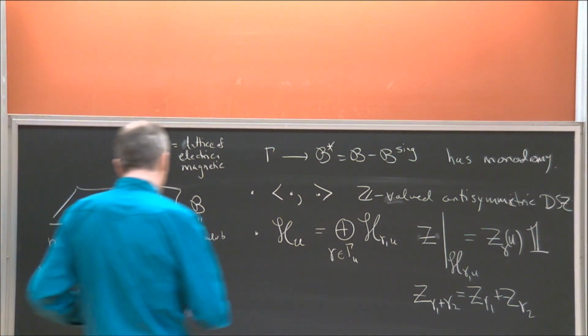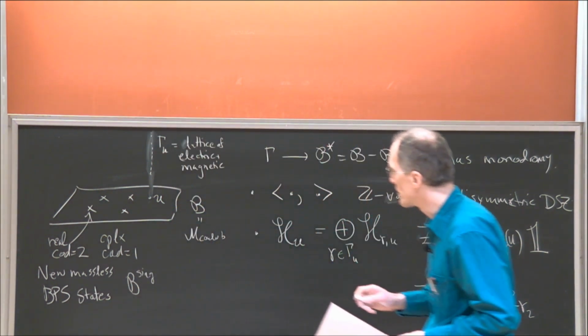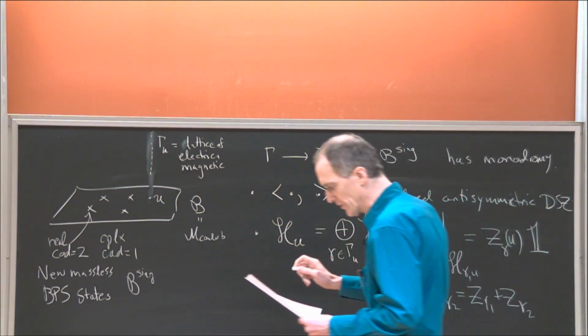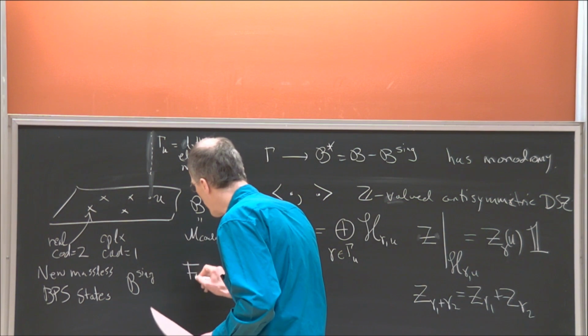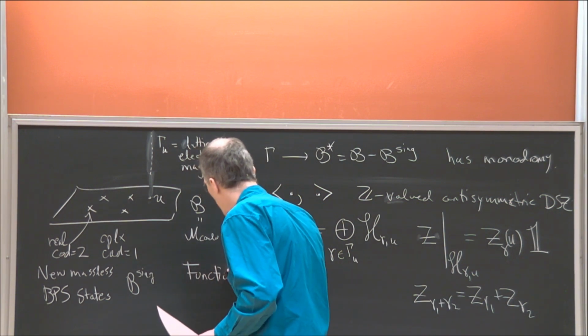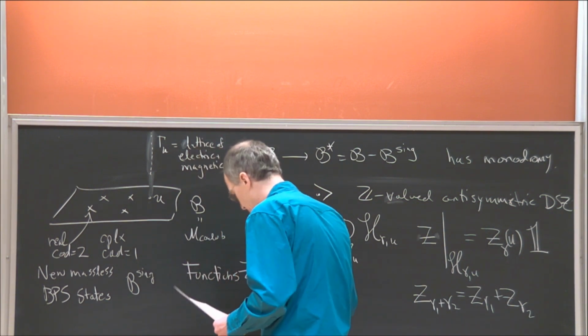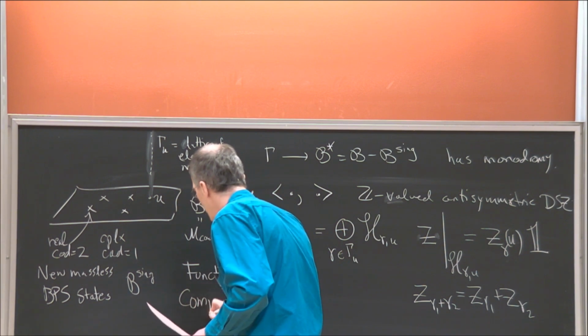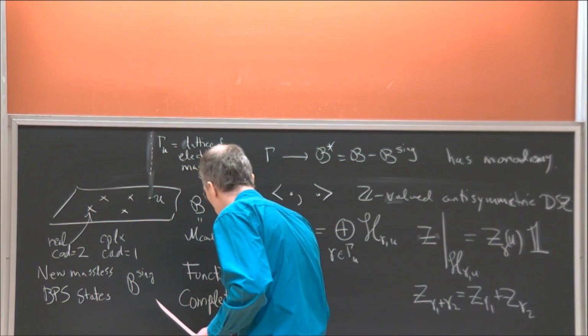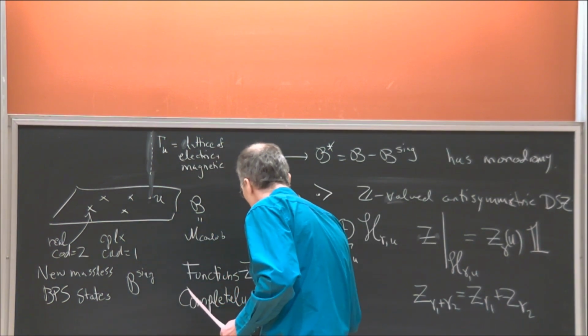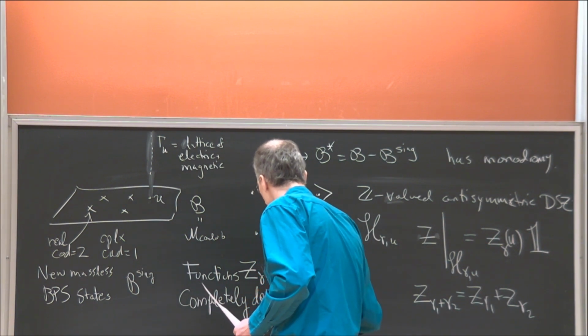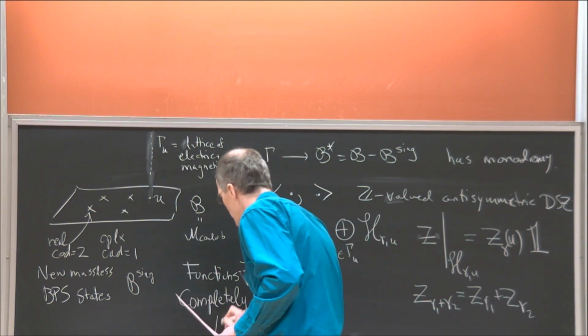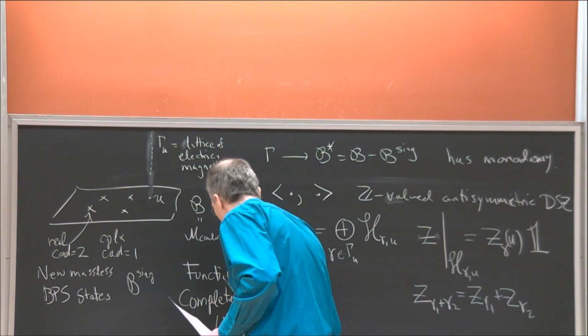And now a non-obvious but true fact, which comes from the structure of n equals 2 supersymmetry, is that the functions z gamma completely determine the low energy effective action through something called the prepotential.